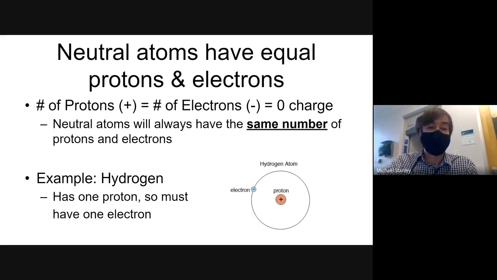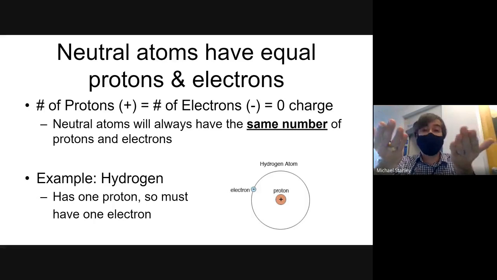And the handy thing about that is that neutral atoms have an equal number of protons and electrons. So because it has an overall neutral charge, remember that our protons are positively charged and our electrons are negatively charged. So this means that if we want a neutral atom, we have to balance the number of protons and electrons.